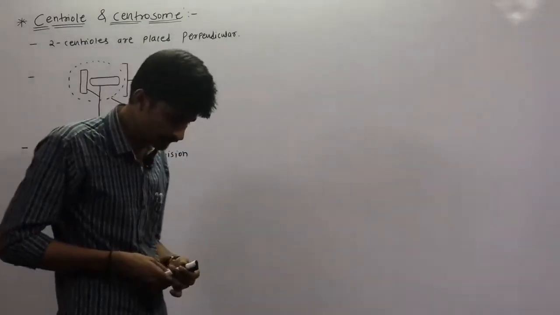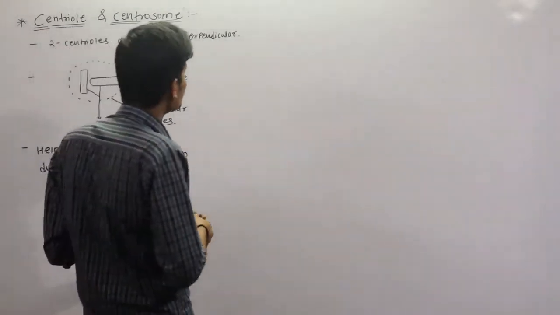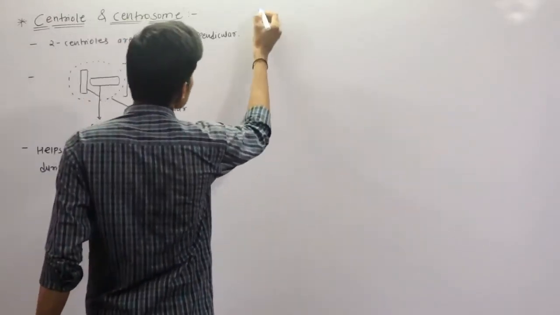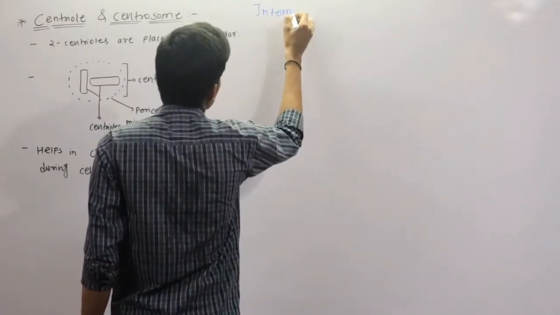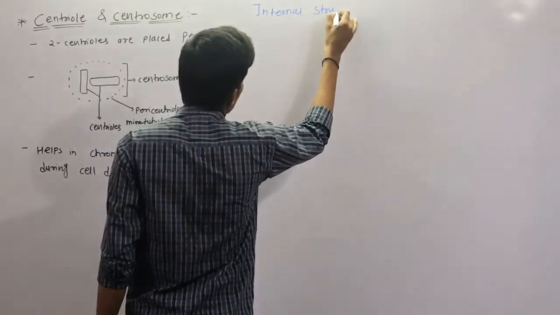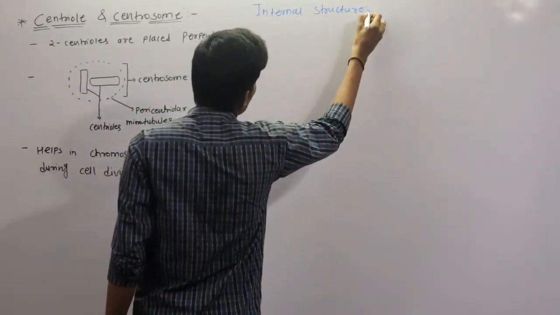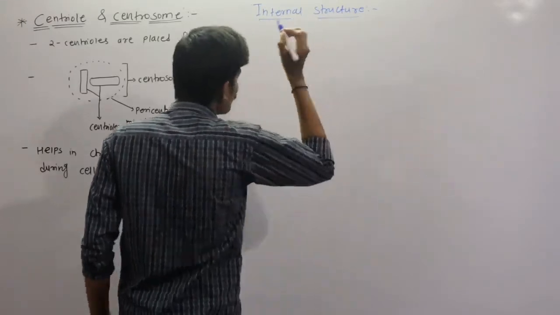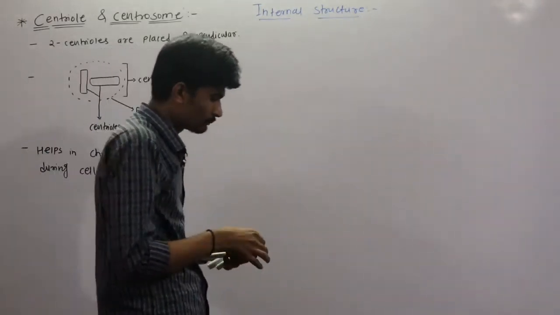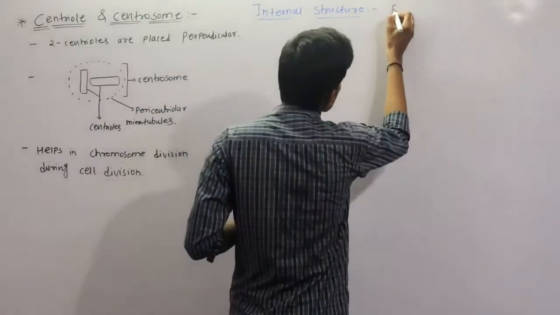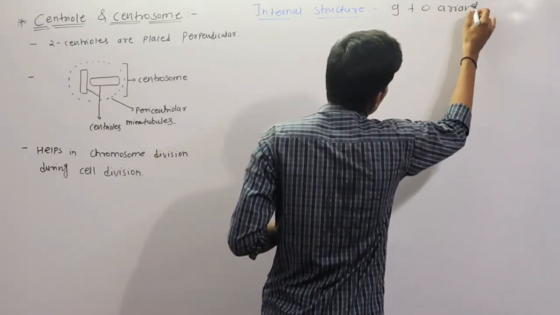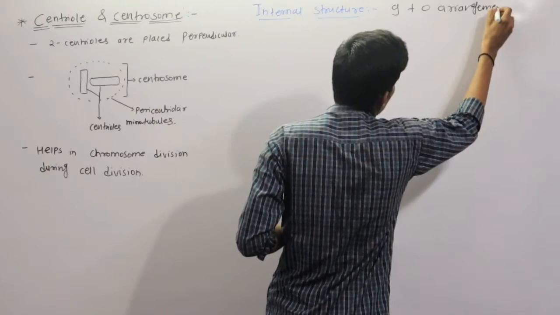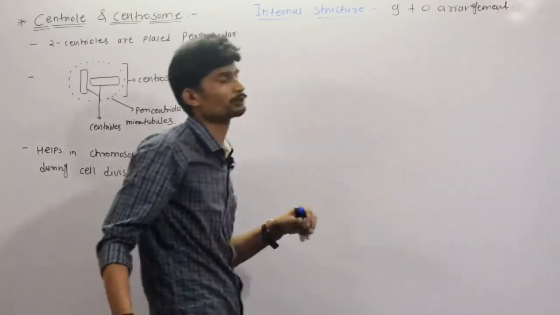An important point is the internal structure of the centrosome, which consists of a 9+0 arrangement.